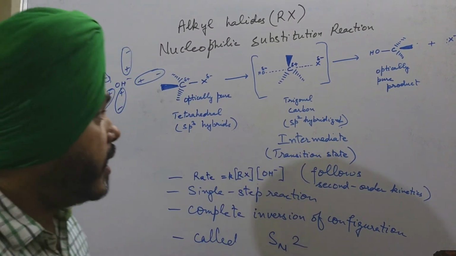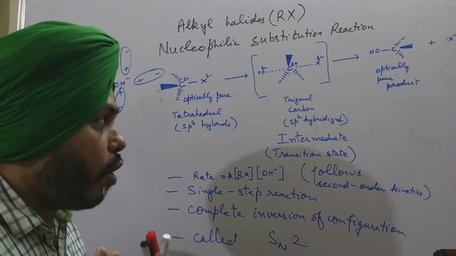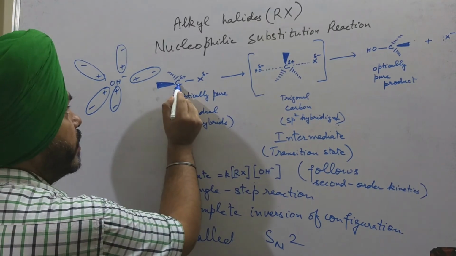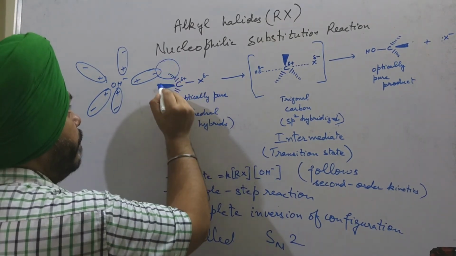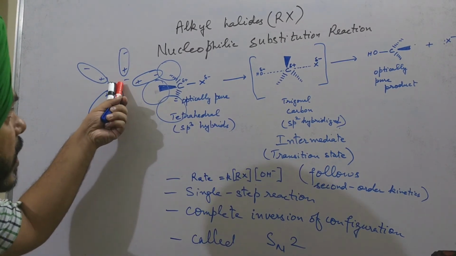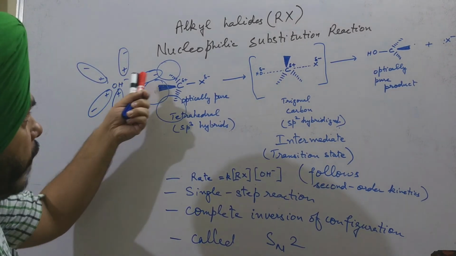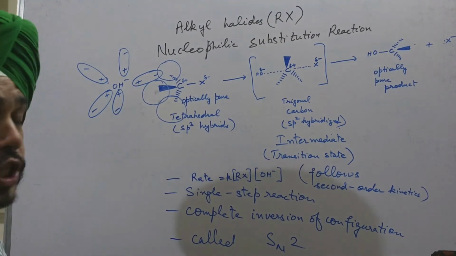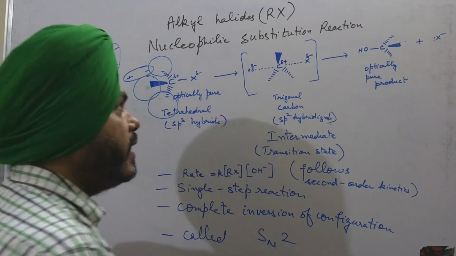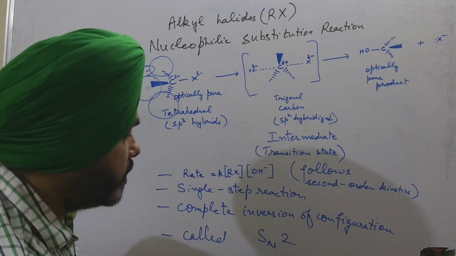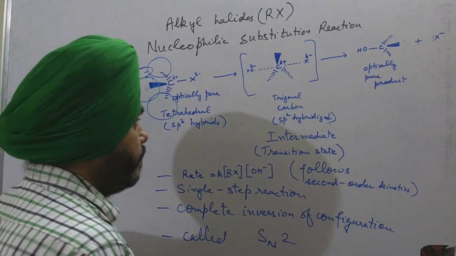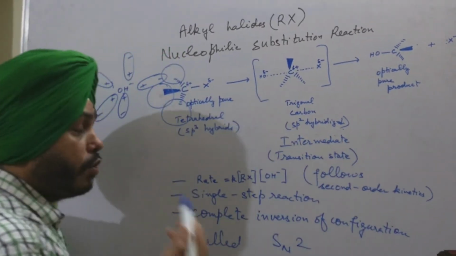Secondly, there is an order of reactivity. For example, if this carbon atom is surrounded by big alkyl groups, there will be a difficulty for the nucleophile to attack the carbon, which is called steric hindrance. So the most reactive alkyl halides for this kind of SN2 substitution are primary, or even more reactive is methyl.